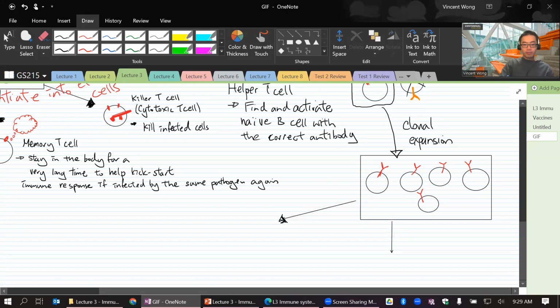They will be able to differentiate into effector cells, just like before. Differentiate means to change and to specialize into effector cells. But there are only two choices. If you're a B cell that gets selected, you only get to become one of two things.